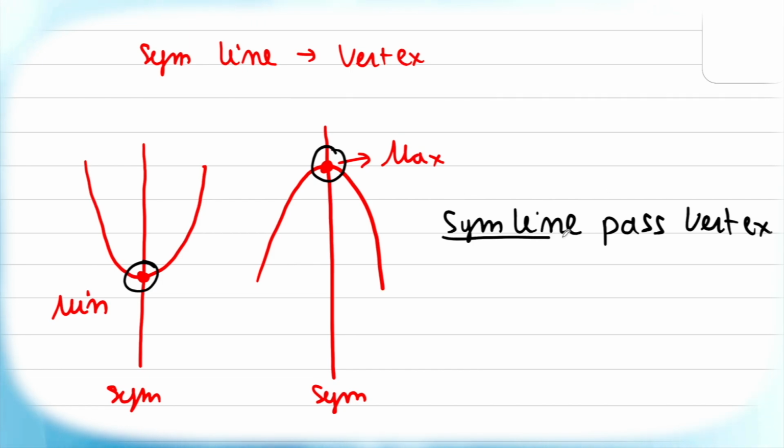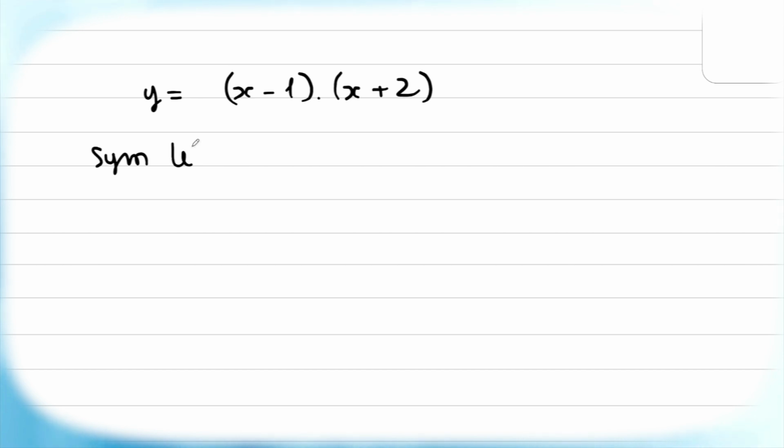So when I have the equation of the symmetrical line, it means I can figure out the coordinates of the vertex. For example, we have the function y equal to x minus 1 multiplied by x plus 2, and I tell you the symmetrical line is x equal to minus 1 over 2. So how can you determine the coordinates of the vertex?